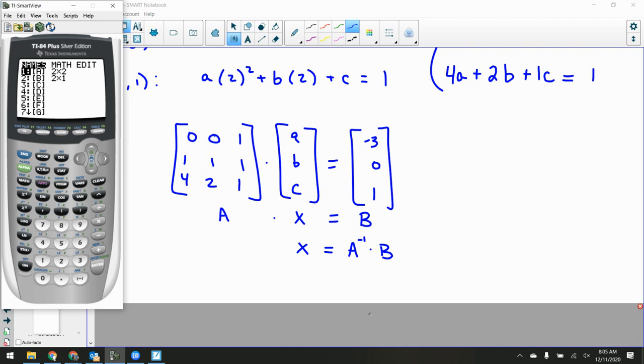Here's my matrix button. Scroll right twice to edit, and I want to change A into a 3 by 3 matrix with entries 0, 0, 1, 1, 1, 1, and 4, 2, 1.